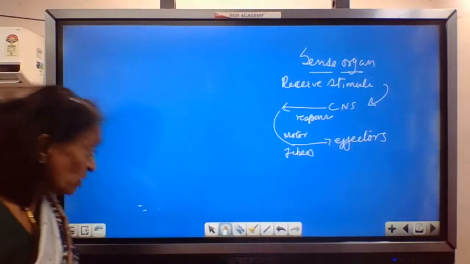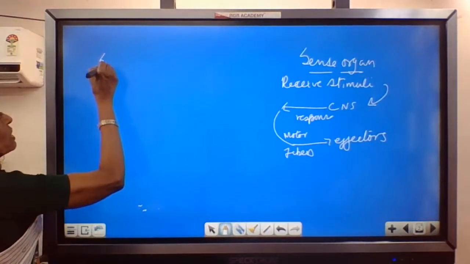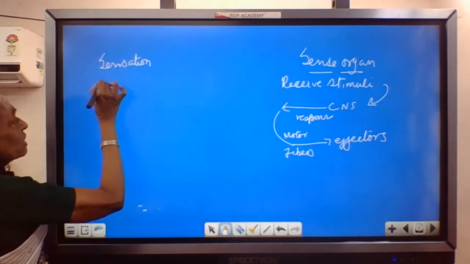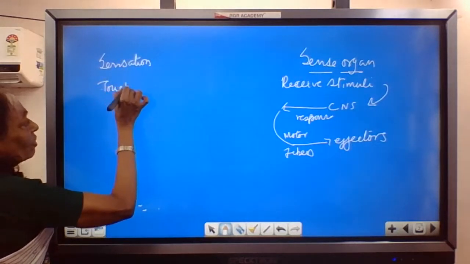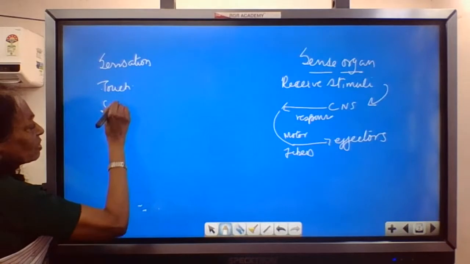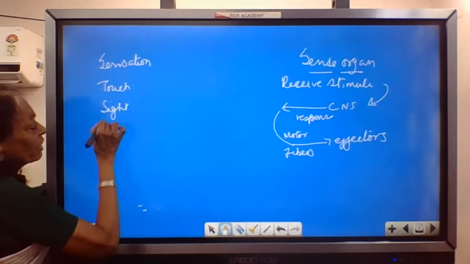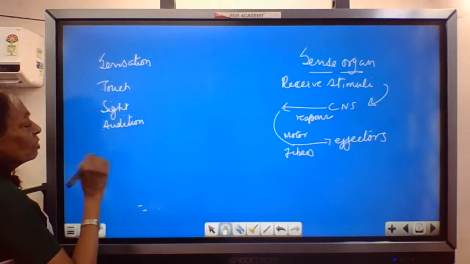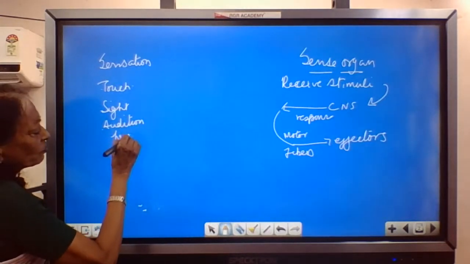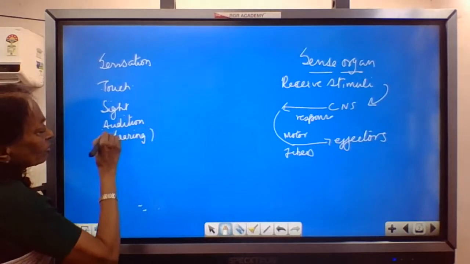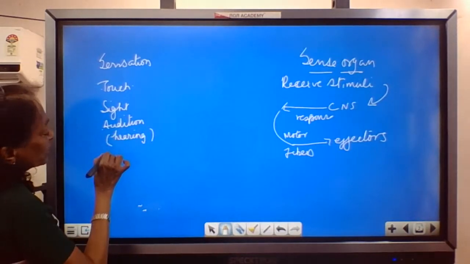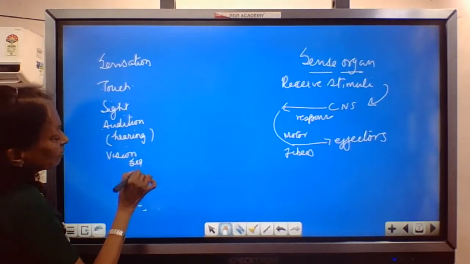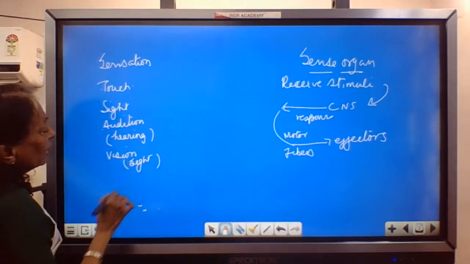So what are the sensations? Now, talking about sensations and sense organs: the sensation of touch, then sight, then audition or hearing, then vision or sight, and taste.